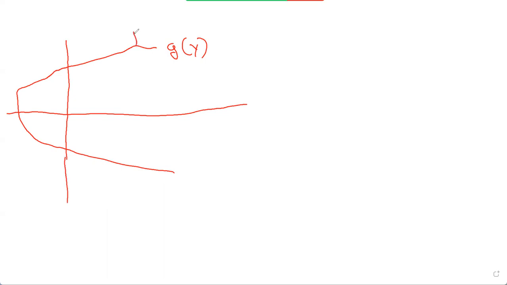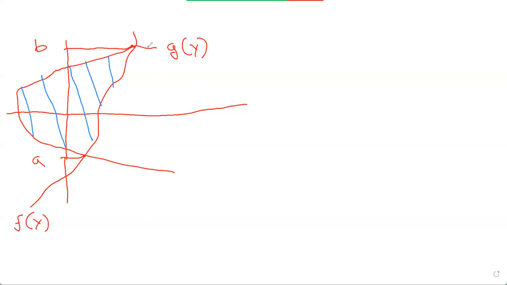And then we have another graph which goes like this, and this is f of y. This point is A, where the graphs intersect, and this point is B. They're asking us to find the area of the shaded region in blue. So this region.